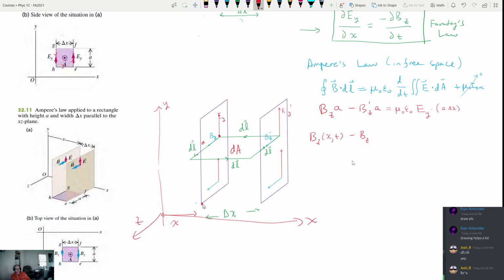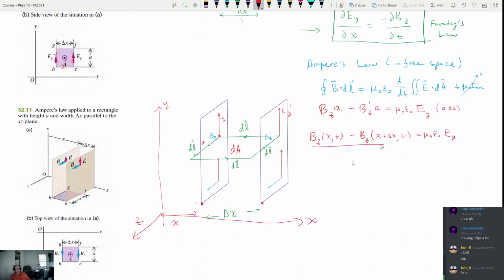So the position of the left wavefront is x. The position of the right wavefront is x plus delta x. So Bz prime, which is the value of Bz at this wavefront here, at x plus delta x, is going to be Bz of (x plus delta x, t), equal to mu naught epsilon naught times Ey.